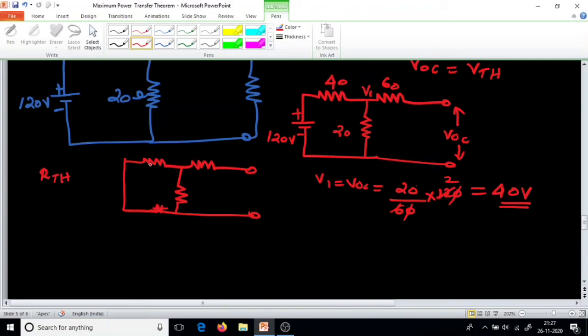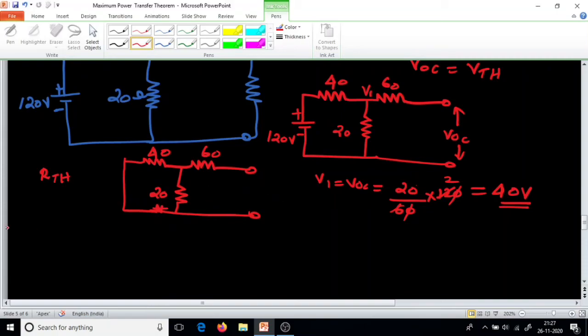So what are the values? We have short circuited the voltage source. What about the current source? You'll open circuit it. This is 40 ohm and this is 20 ohm and this is 60 ohm. Now what is the resistance?